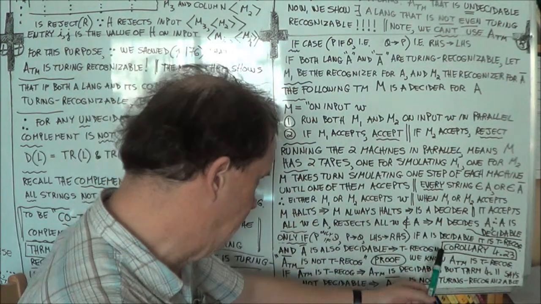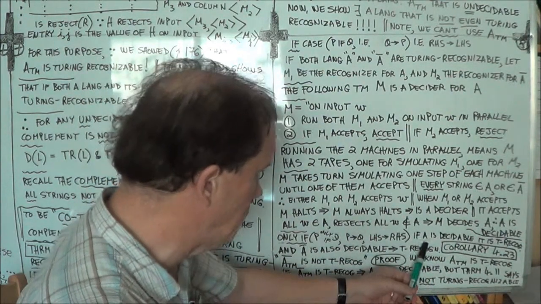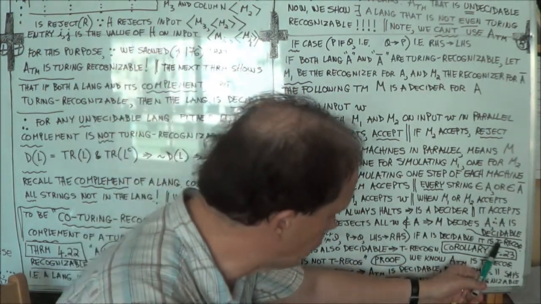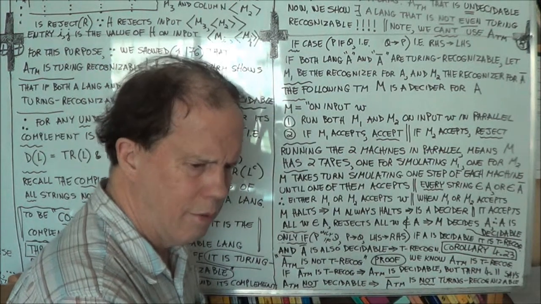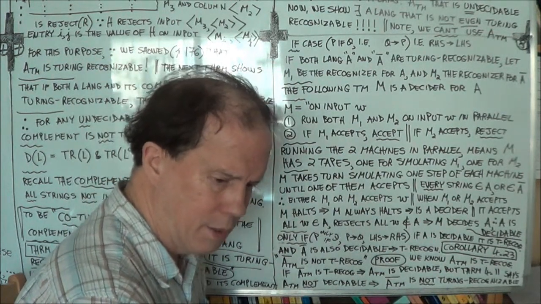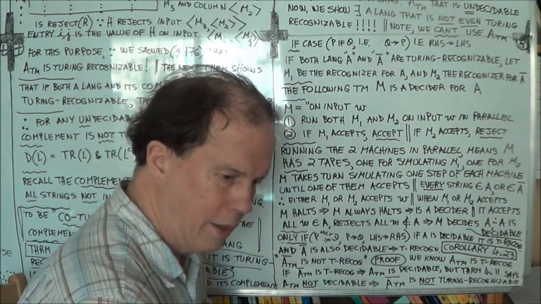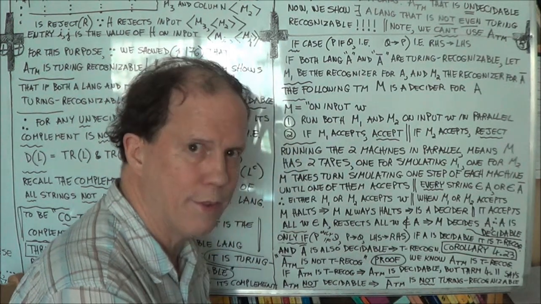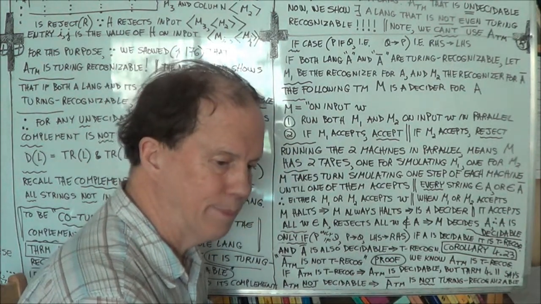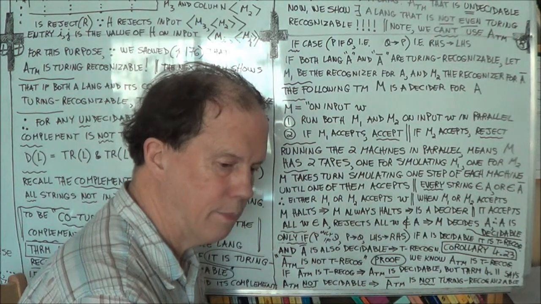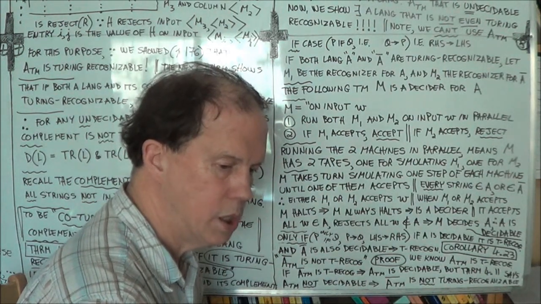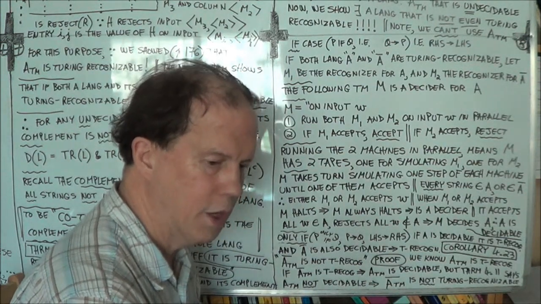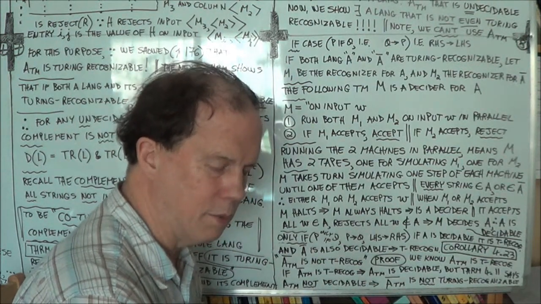Let's see. Well, if a language A is decidable, then it's Turing recognizable. Remember that statement being made by Sipser quite a while back, and it didn't seem at all obvious to me at the time. Now it seems very obvious. Why? Well, consider the two definitions. Decidable, what does that mean?